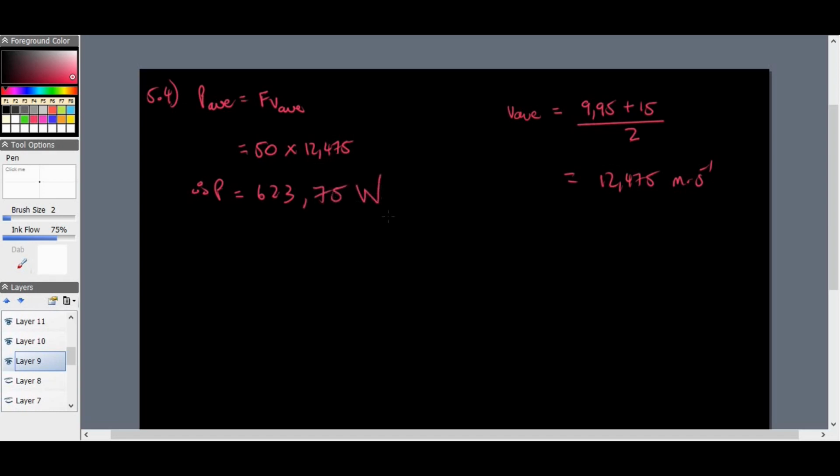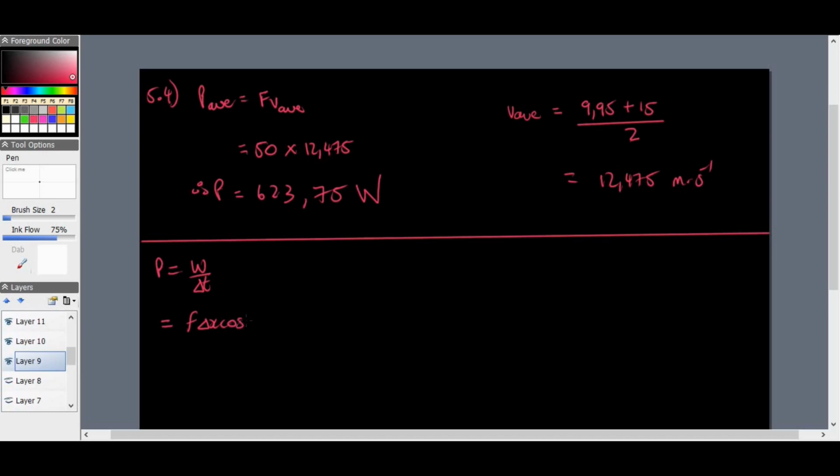Now there is of course another way to do this. We simply say, well, P also equals W over delta T. So the power dissipated by the frictional force is equal to the work done by the frictional force. So that must be F delta X cos of theta all over delta T. So now you might say, but we don't know what delta T is.